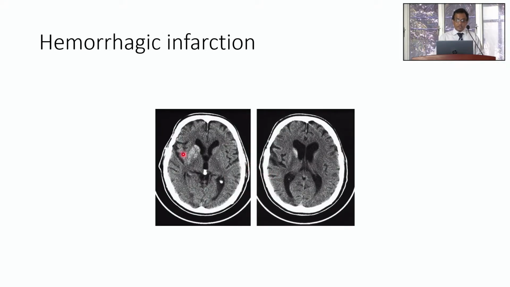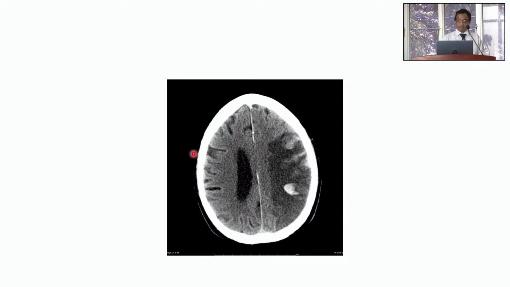And now I will show an image of hemorrhagic infarction. In contrast to hypodense areas, hemorrhagic infarction will show hyperdense areas, that is white color, which involve the caudate nucleus, the hypothalamus, and the anterior limb of the internal capsule. Here is another example. We can see left middle cerebral artery territory infarctive features with a few hyperdense areas.